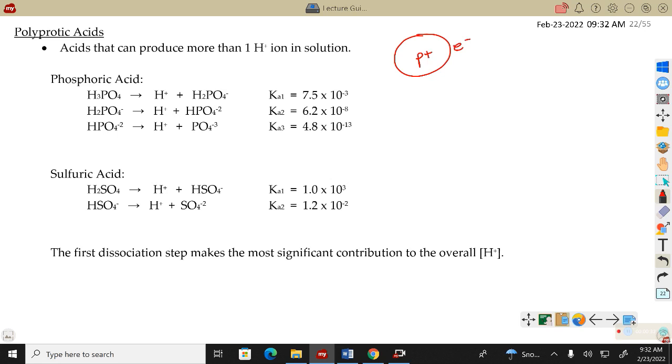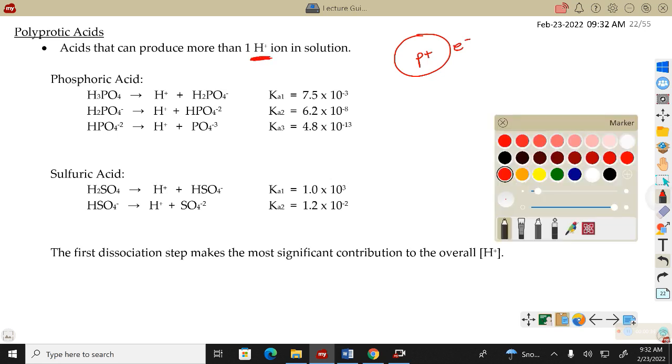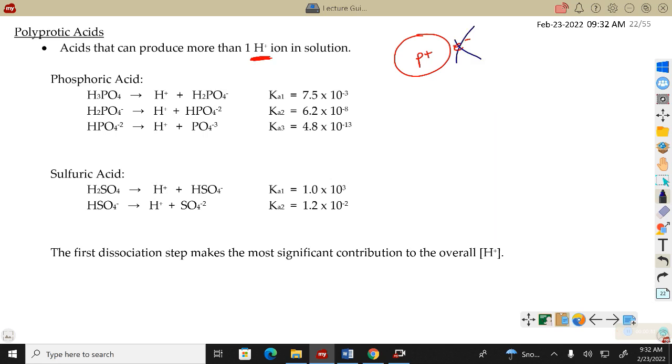So as a +1 hydrogen ion, we are just losing that one electron. This guy's gone. So a hydrogen ion really is the same as just a proton. So polyprotic means many protons or many hydrogen ions that can be produced in solution.